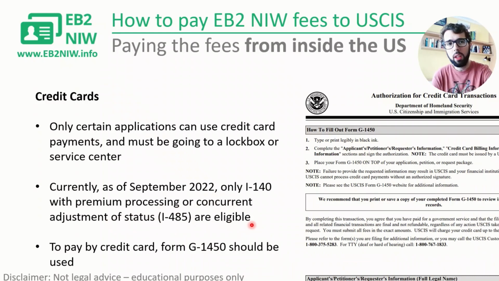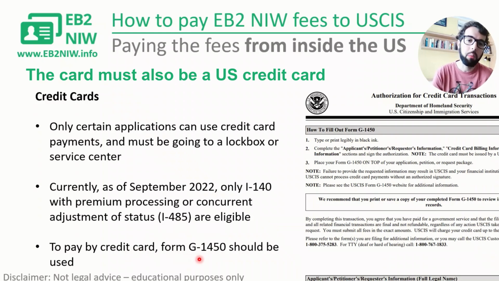So for our EB2 NIW petitions, really this is not an option for a lot of people that want to file separately the I-140 and later the adjustment of status, I-485. And unfortunately right now there's no premium processing for everyone, so this is a very limited option. But once this is available, for example in a few months when there's premium processing for everyone, and by the way I have an update video that you can check out here about how the USCIS is advancing that premium processing program, then if you want to pay by credit card, you also have to add this form G-1450 to your petition.